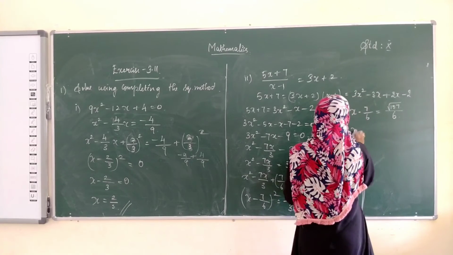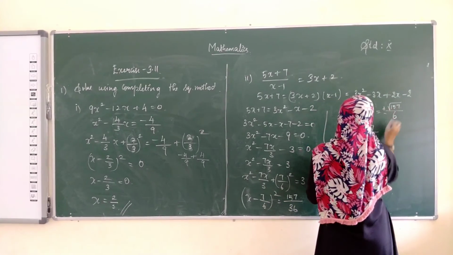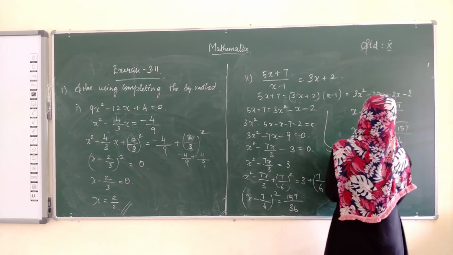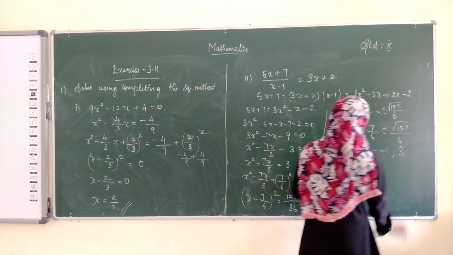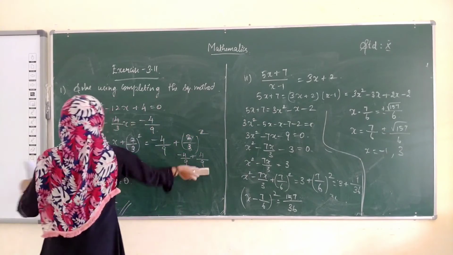Okay, next what we have to do? x is equal to 7 divided by 6 plus or minus root of 157 divided by 6. In solving this, what we get? We get minus 1 comma 3. Okay, minus 1 comma 3.